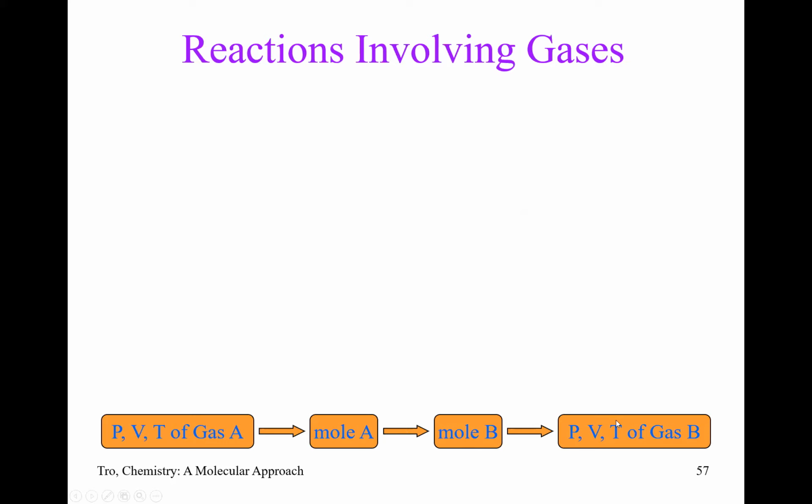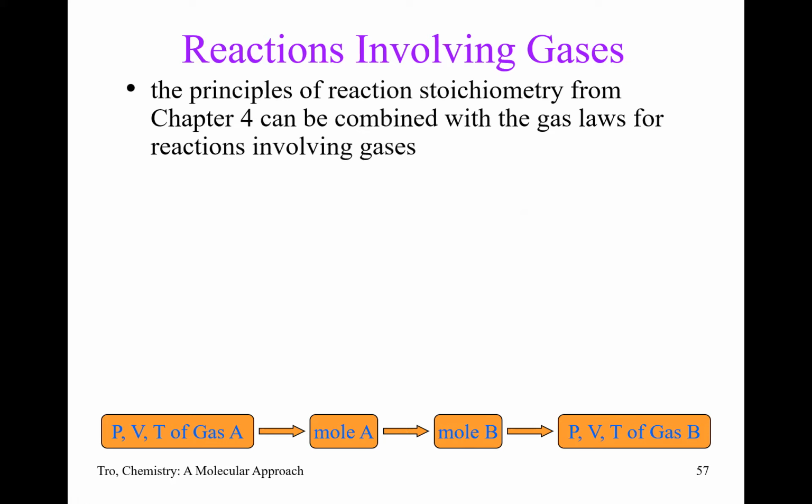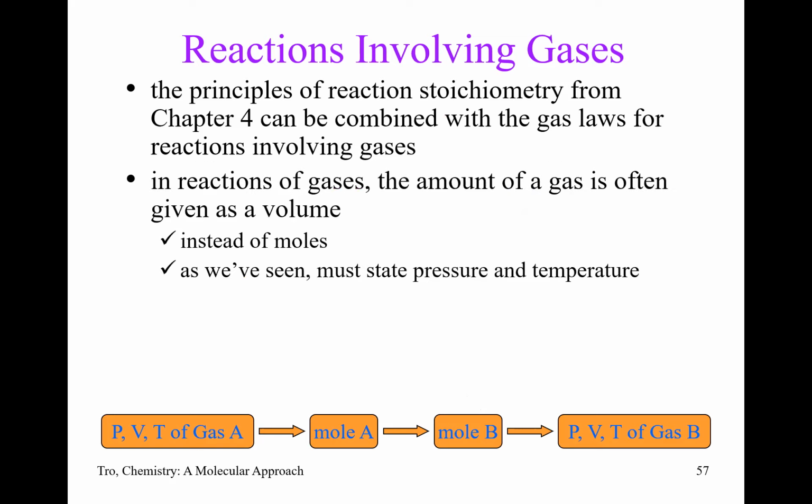So it's the same procedure, but now it's using the ideal gas law combined with everything we did in chapter 4. And so this is one of the reasons that, depending on the book, it seems like this chapter on gases should be here right after chapters 3 and 4, where you handle chemical reactions in percent yield and limiting reagent.